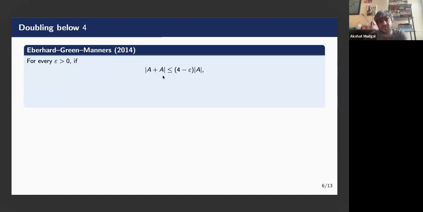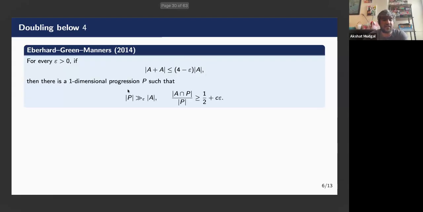If you have a set of integers whose doubling is at most 4, just a tiny bit below 4, then in fact you can find a one-dimensional progression which is quite large, on which my set has density at least half. Let's unpack this for a second.